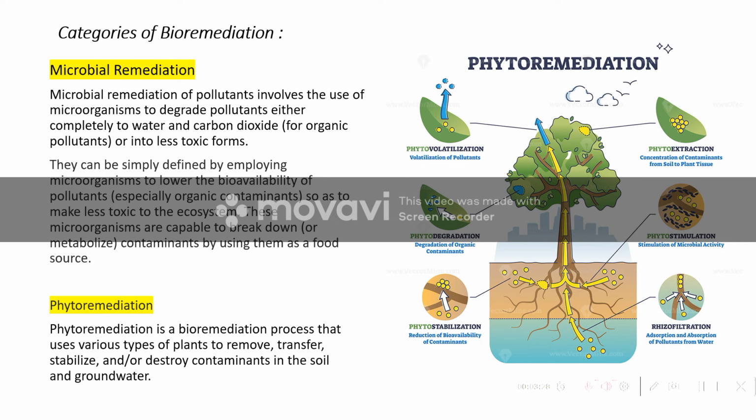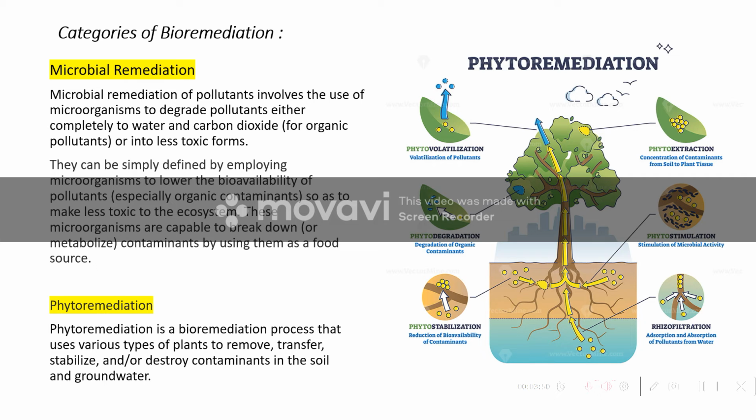There are two categories of bioremediation. First is the microbial remediation. Microbial remediation of pollutants involves the use of microorganisms to degrade pollutants either completely to water and carbon dioxide for organic pollutants or into less toxic form.